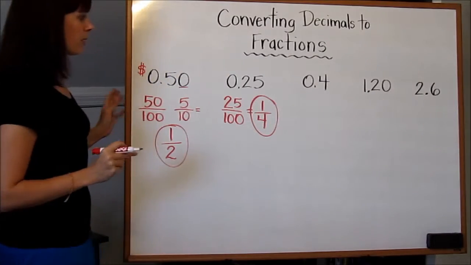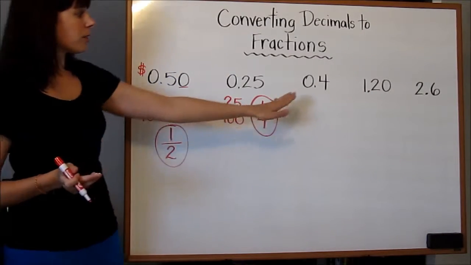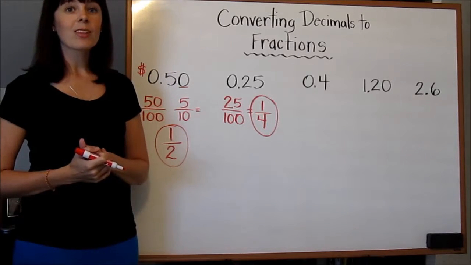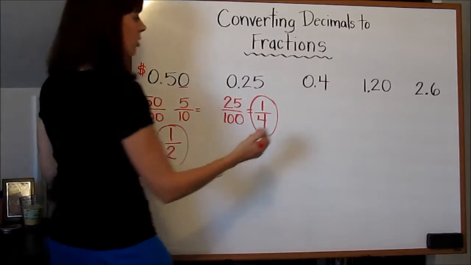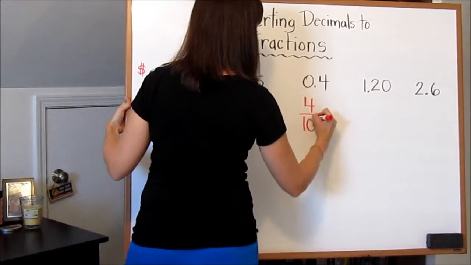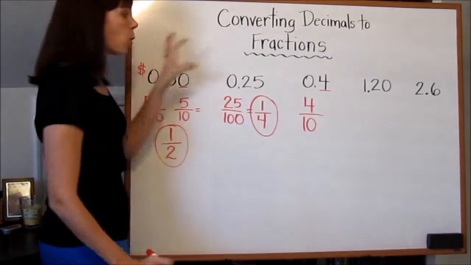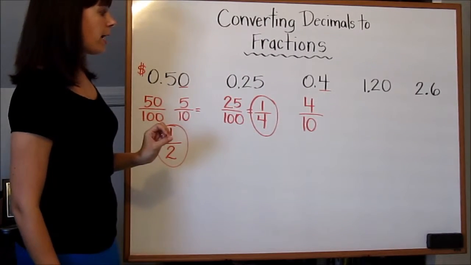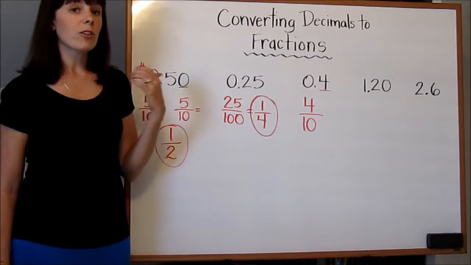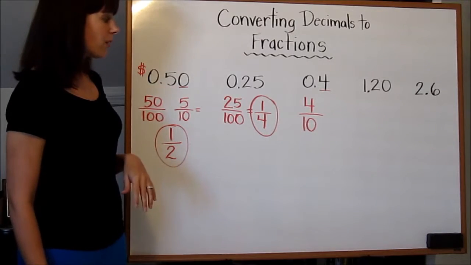Okay? All right. Now if you were to say this one out loud, what would you say? 4/10, that is correct. 4, and it is in the tenths place value, so it is 4/10. Okay? Now that also can be simplified if you think of a number that goes into 4 and 10 both evenly.